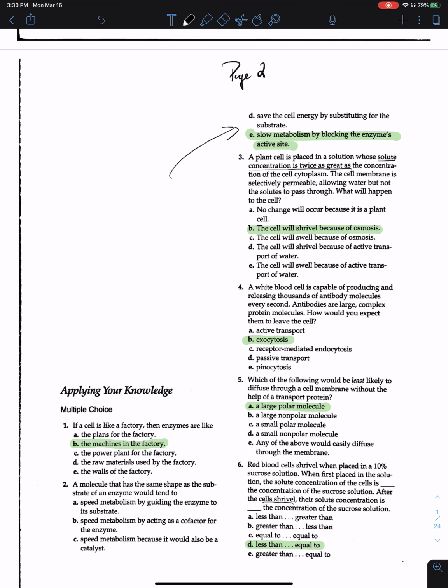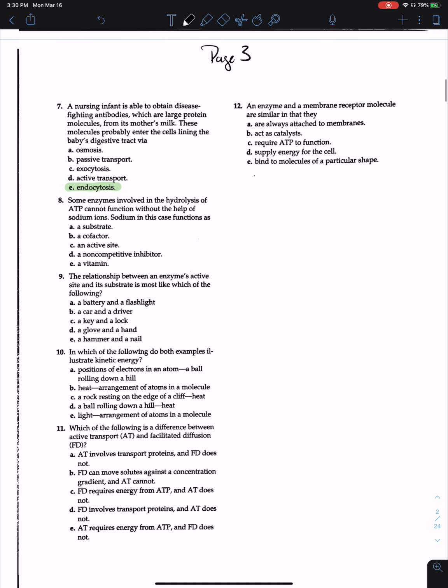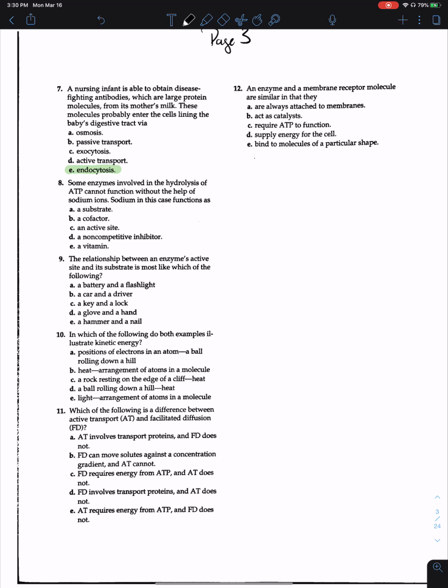In number 4, which is the one right here, where we talked about the antibodies being too large to really do diffusion. Same kind of situation here, but it's actually the exact opposite question, where instead of the cells needing to go out to fight disease, in this case, the antibodies need to go in to help the baby be more immune to different diseases.